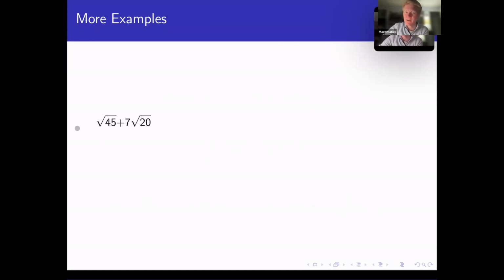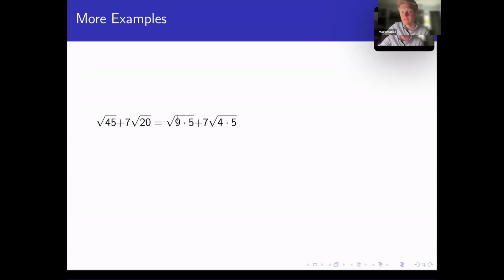Okay, some other weird things we can do. We can also simplify expressions with differing square roots. So square root of 45 and square root of 20, they're not the same root. We can't simplify them. However, if we simplify the roots first, maybe we can simplify them after that. So 45 is 9 times 5, and 9 is special because that's a perfect square root. 20 is special because 20 is 4 times 5, and we like 4 because 4 is also a perfect square root.